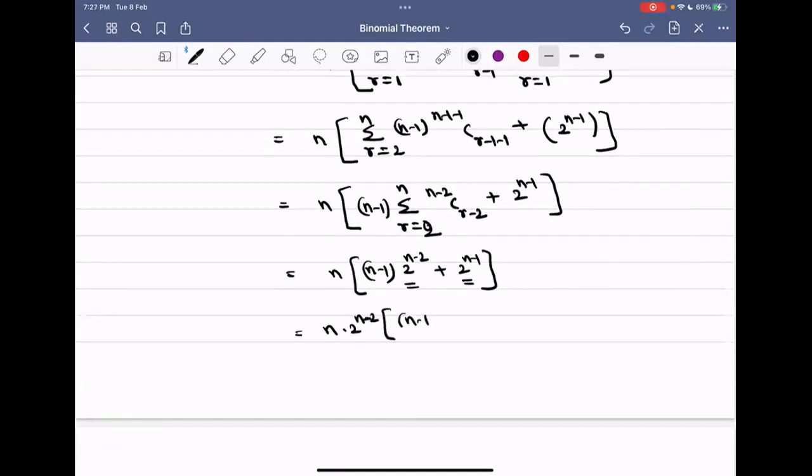Therefore n into 2 power n minus 2 into n minus 1 plus 2, because 2 power n minus 2 into 2 is 2 power n minus 1. This is equal to n into 2 power n minus 2 into n plus 1. So the final answer is n into n plus 1 into 2 power n minus 2. This is the final answer.